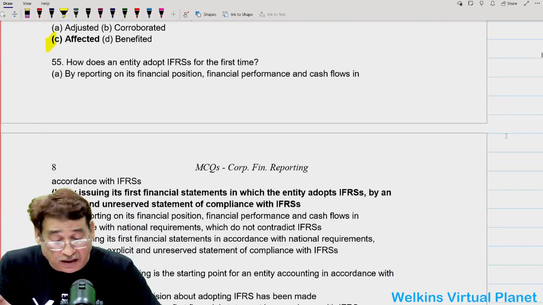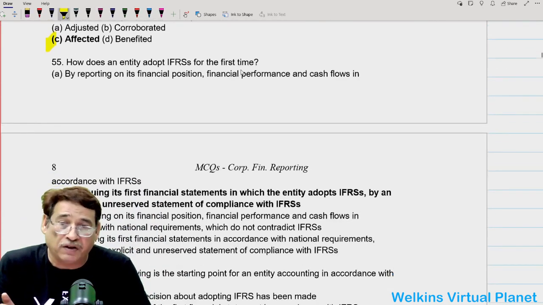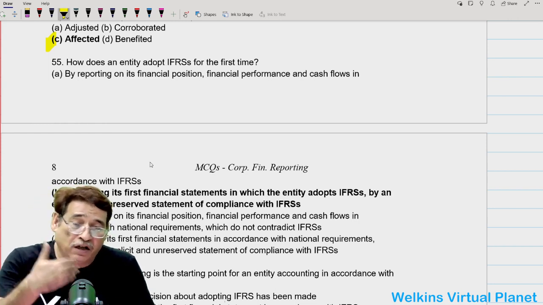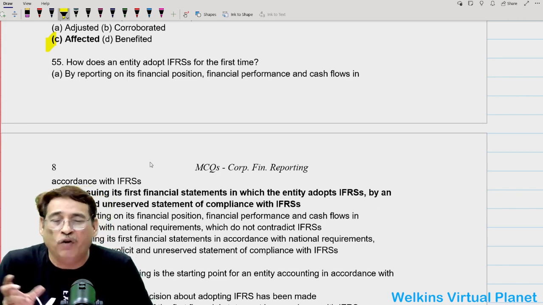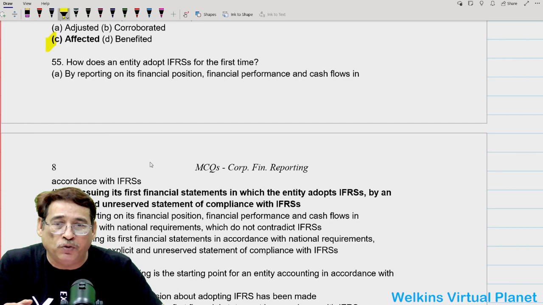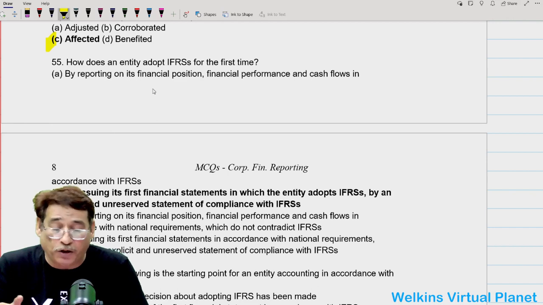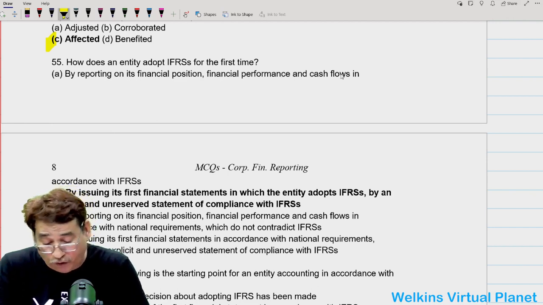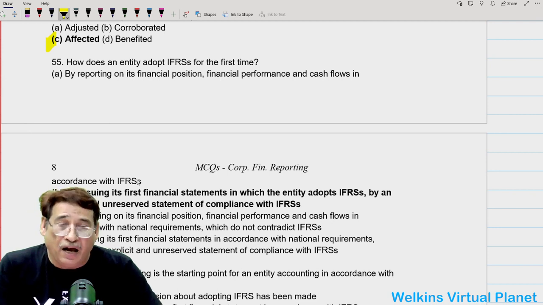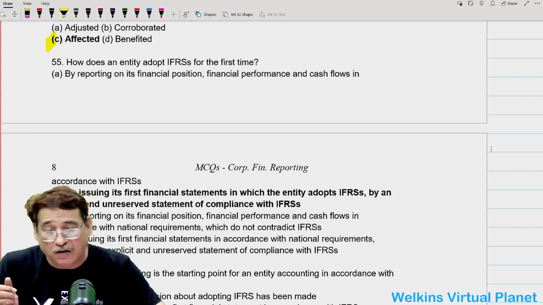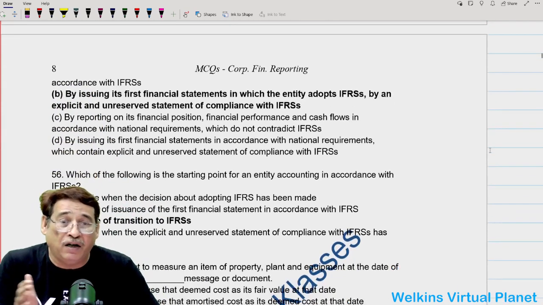How does an entity adopt IFRS for the first time? The first alternative given is by reporting on its financial position, financial performance, and cash flows in accordance with IFRS. No. As we know, whenever we move from previous GAAP to Ind-AS for the first time, we have to give an unreserved statement.